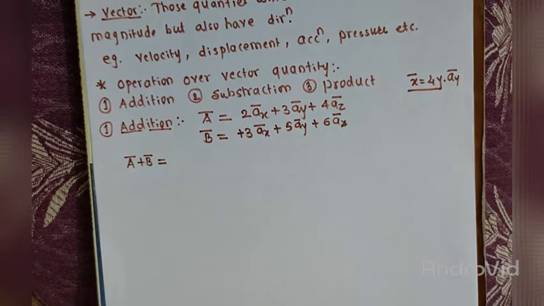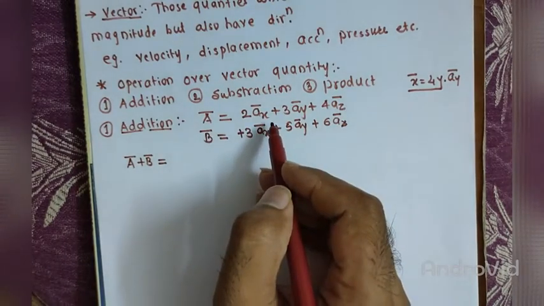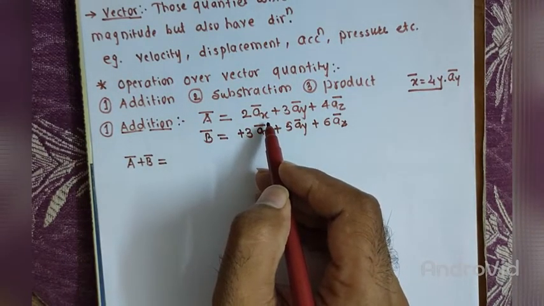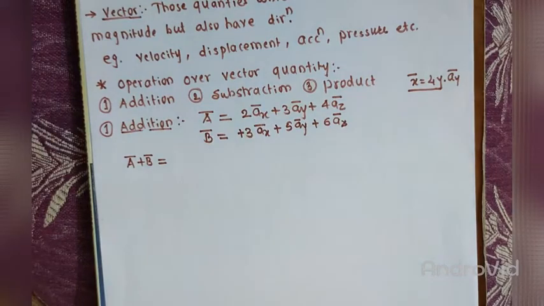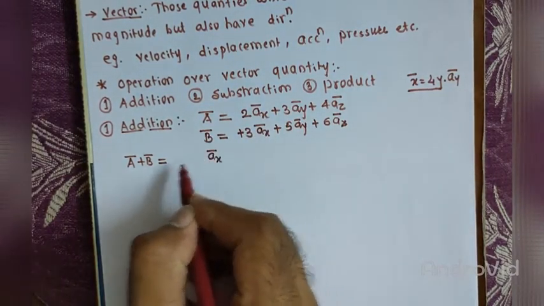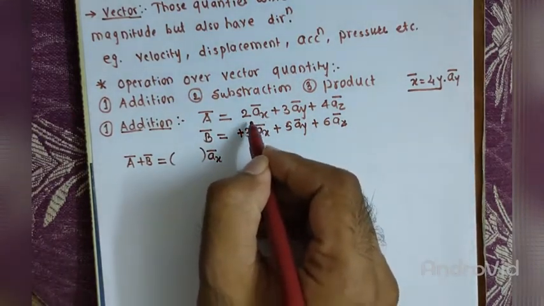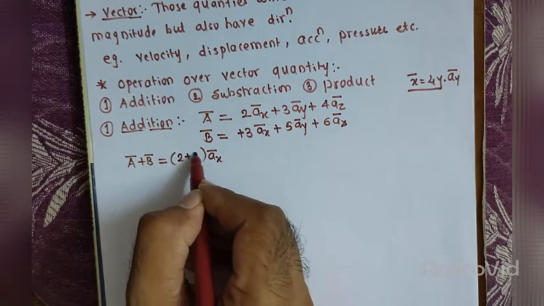So how to add the vectors? From a bar and b bar, we have to look at the common unit vector. You can see ax bar is common, so the coefficients are 2 plus 3.